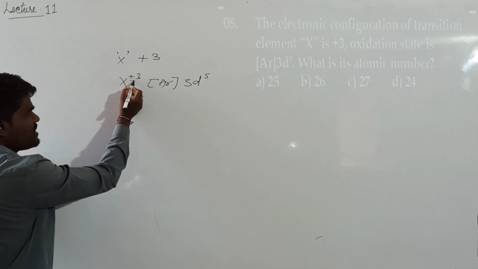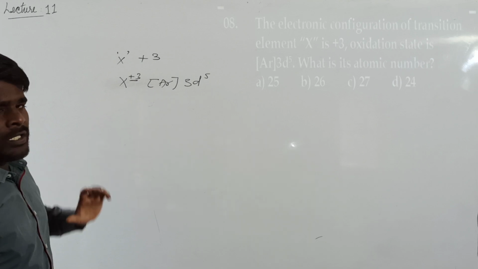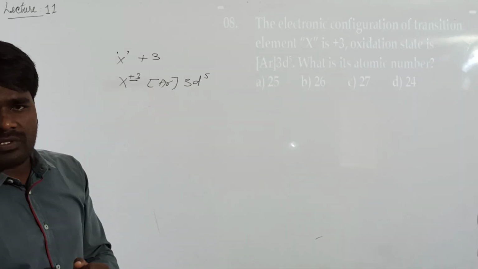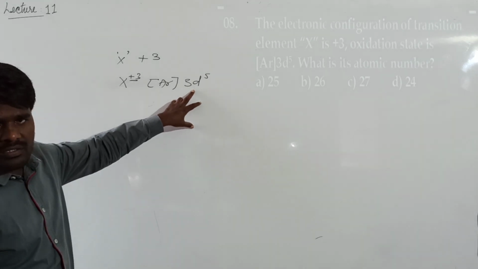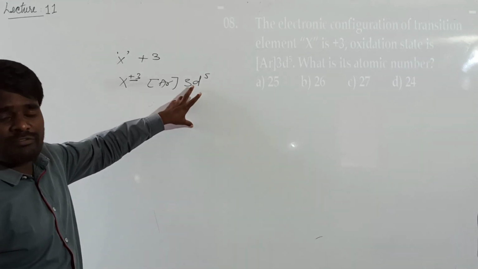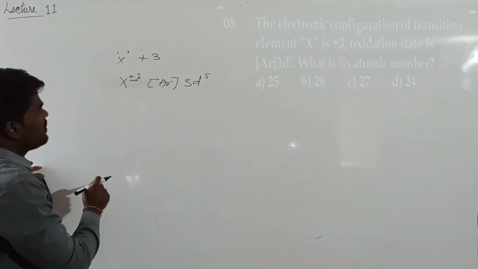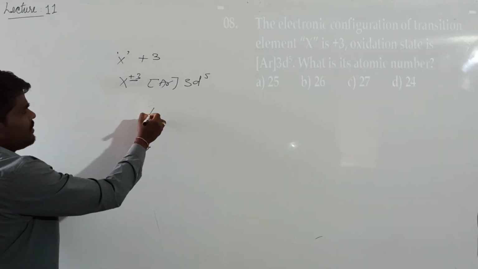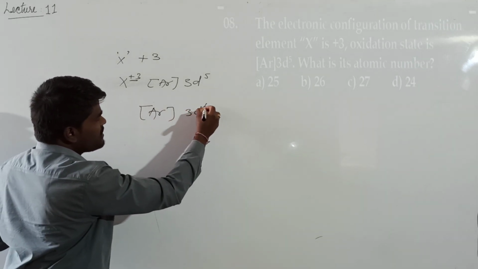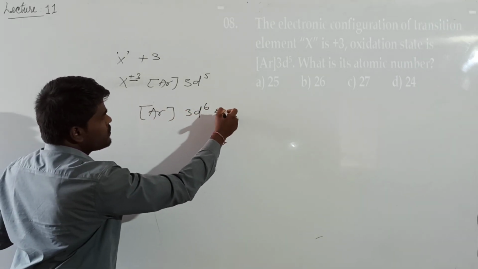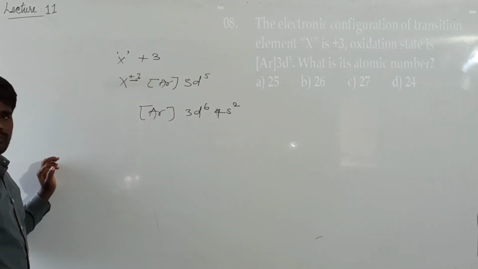What is meant by +3? X will exhibit the +3 oxidation state when it loses 3 electrons. Generally, the electrons are lost from 3d6, so the neutral atom might have the electronic configuration argon 3d6 4s2.